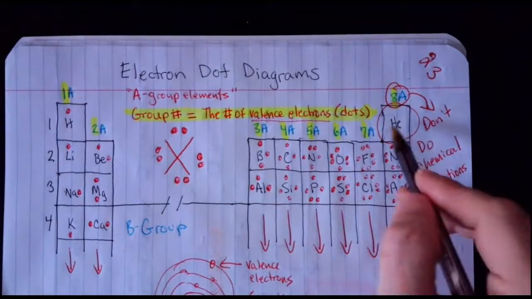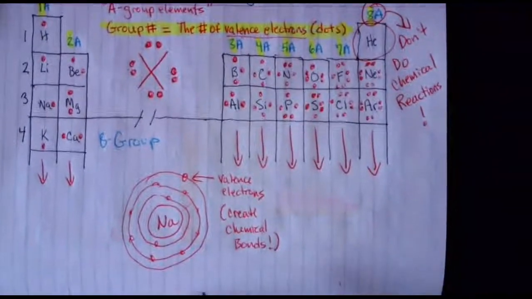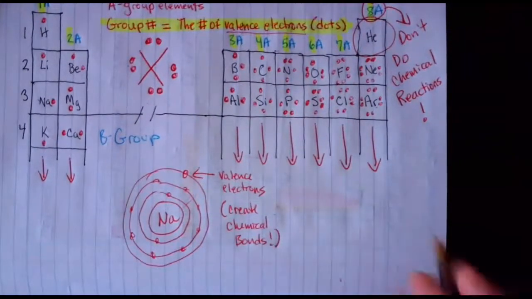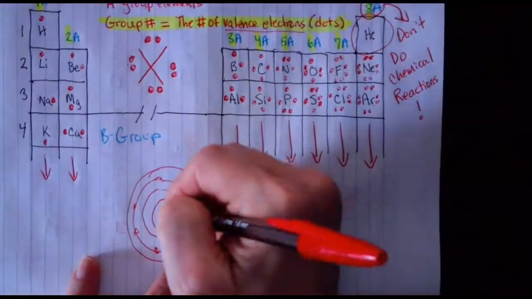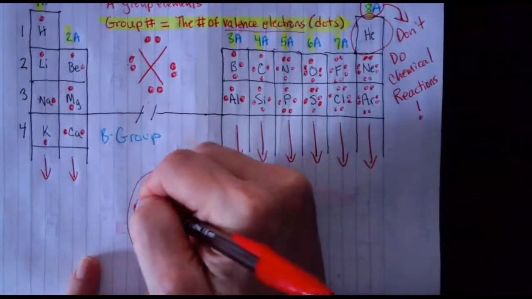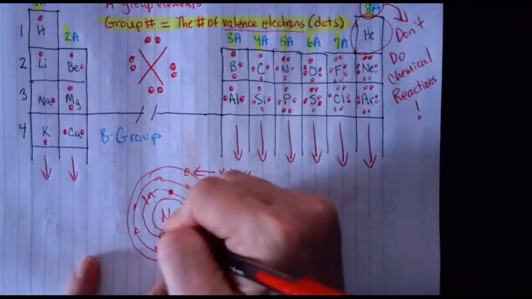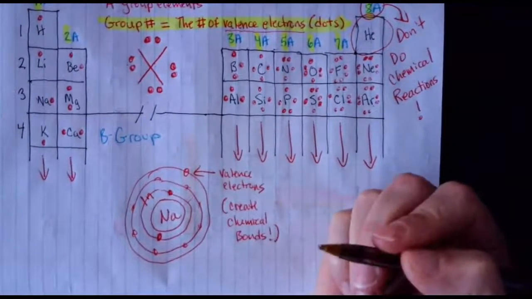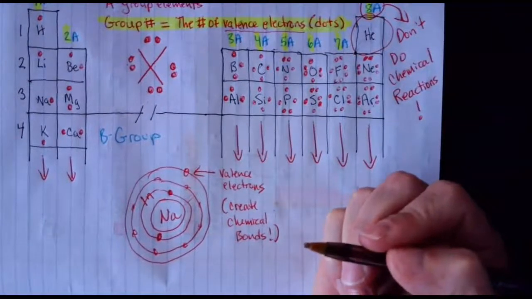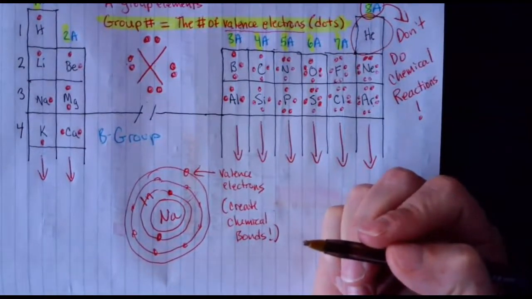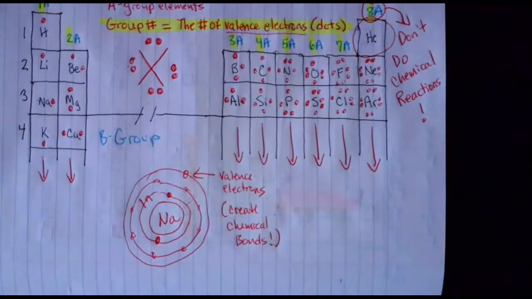Okay, and now let's get to helium, because helium is different. All right, so remember when we learned how to make the Bohr models? We learned that the first energy level here, n equals 1, can only hold a maximum of 2 electrons. It was the weird one. It's closest to the nucleus, therefore it's the smallest amount of area.